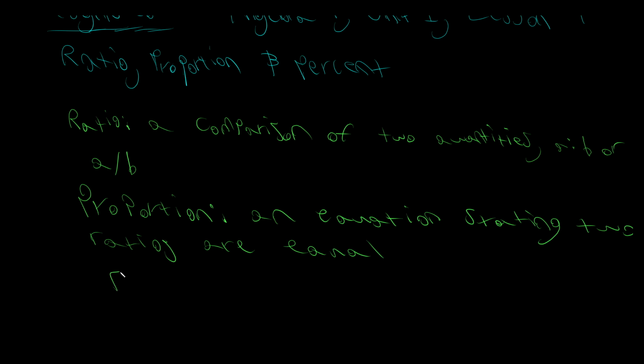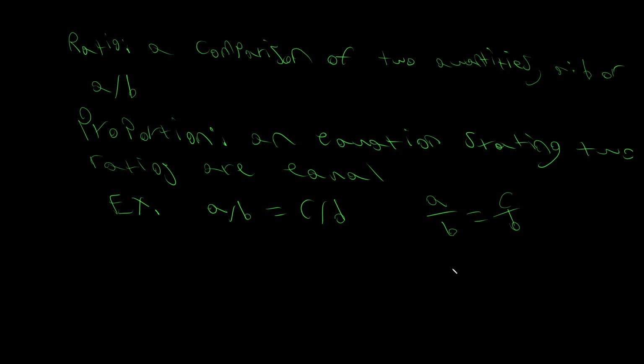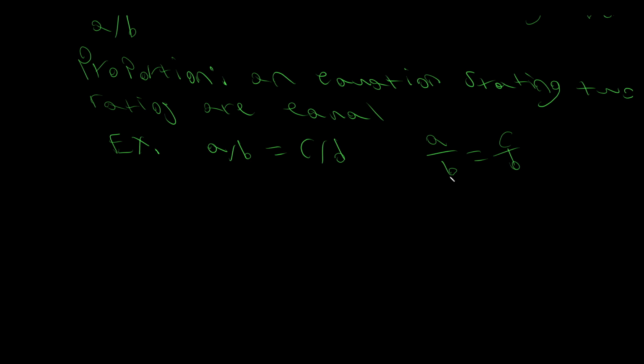An example is A divided by B is equal to C divided by D. Remember, fractions are just division. The numerator is being divided by the denominator. The denominator is what's on the bottom, the numerator is what's on the top.